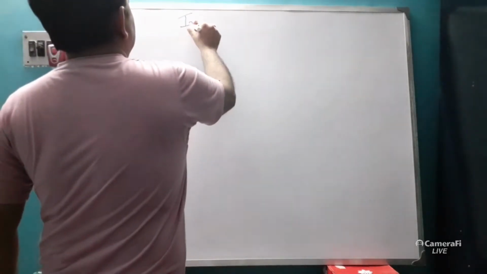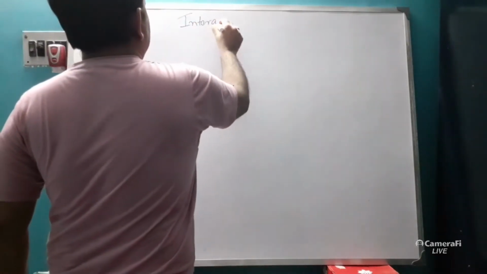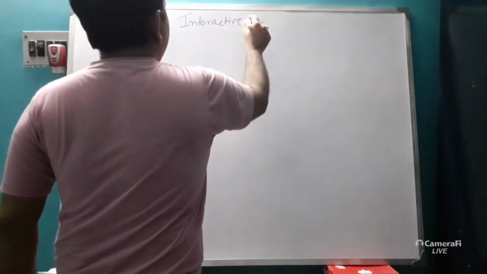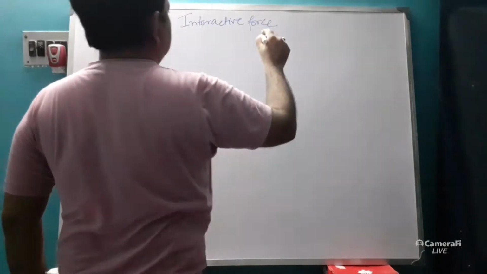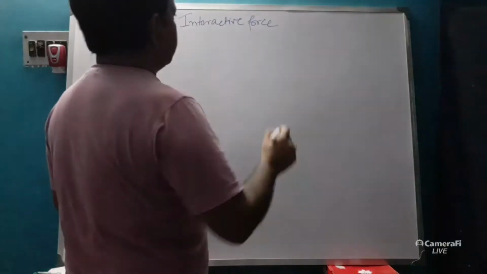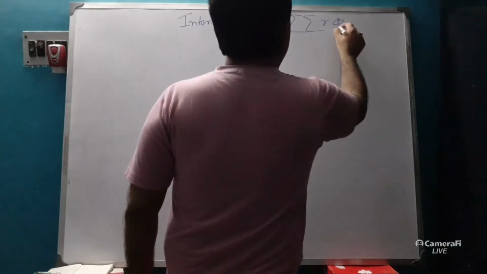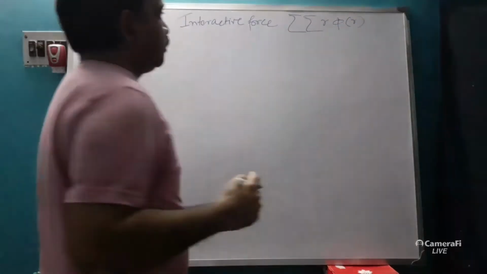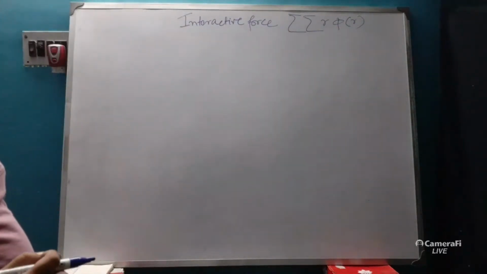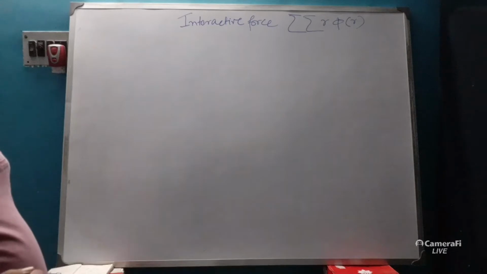Hello friends, today we are going to discuss the calculation of the interactive force. Interactive force, called double summation R phi R, was the part of the virial equation that we have discussed earlier.